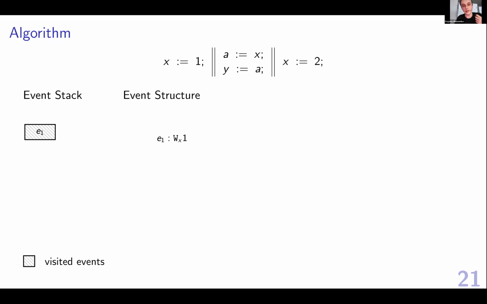And if we have several write events in our current execution, it can potentially read from any of them. So we need to consider all possible options. So what we do, for each option, we add a separate event.